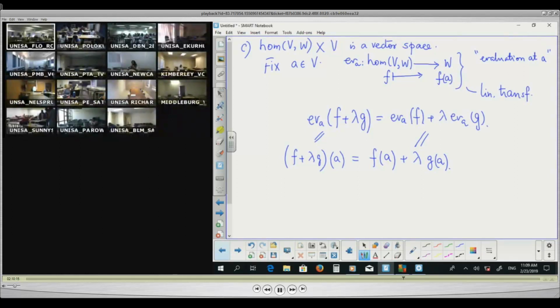Which one? Yeah, I've seen it. But this one from previous years, right?